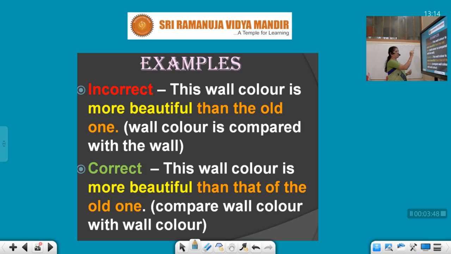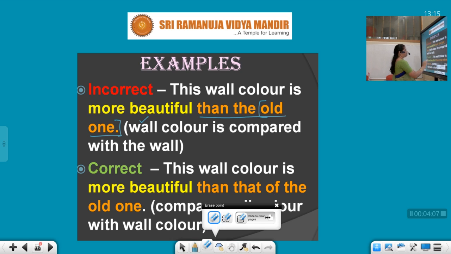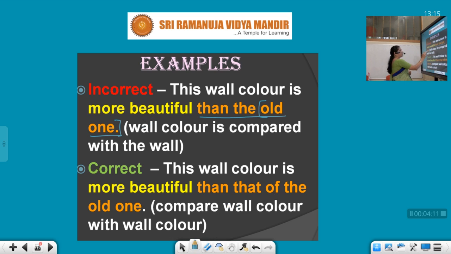This wall color is more beautiful than the old one. Listen carefully. Than the old one. What does this represent, old one? It represents the wall. It doesn't represent the wall color, but it represents the wall.